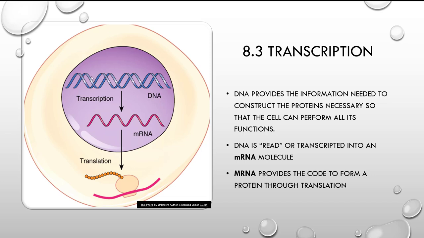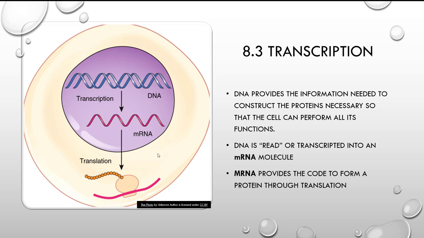DNA never leaves the nucleus, and the ribosomes never enter the nucleus, so the messenger is the mRNA. It takes the message from the nucleus out into the cytoplasm and tells the ribosome what to make. Here's the amino acid sequence that will eventually become the protein.